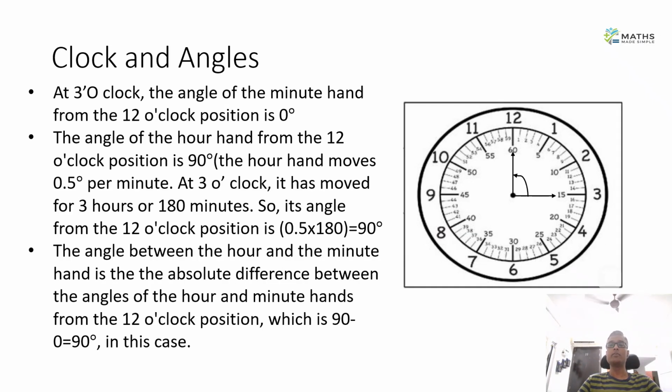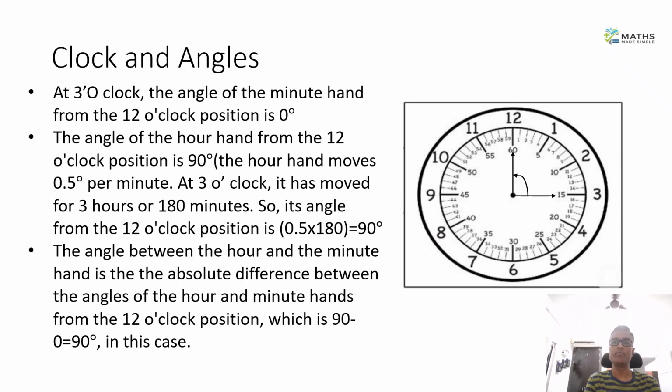Now let's try to calculate the angle formed between the hour hand and the minute hand at any given point in time. And while doing this, we need to consider that when the needle is at 12 o'clock position, we will consider that to be 0 degrees. So then how do we calculate the angle formed between the hour hand and the minute hand?